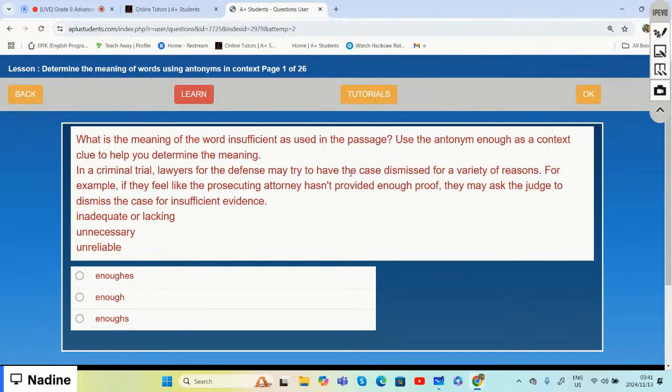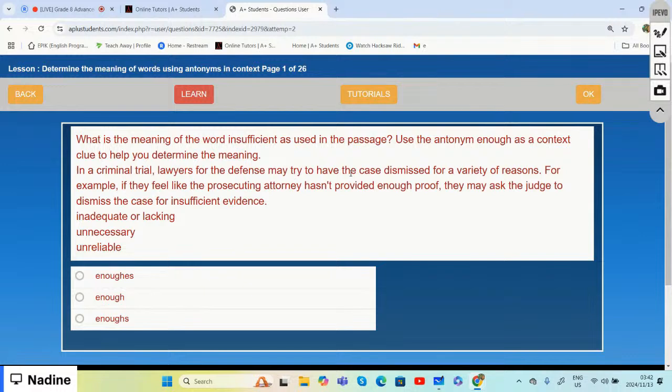All right. We need to say what is the meaning of the word insufficient as used in the passage. Insufficient, right? We need to use the antonym enough as a context clue to help you determine the meaning.